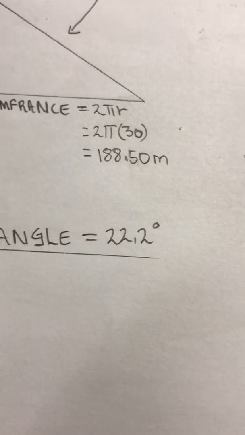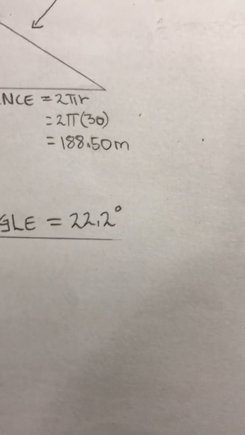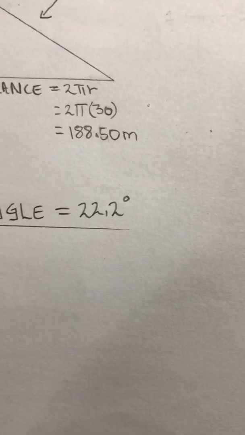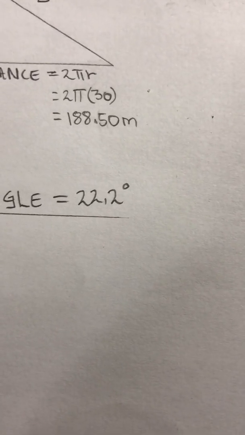Then our circumference: you remember the formula, 2 pi r. Our radius is 30, so I got 188.50 millimeters.